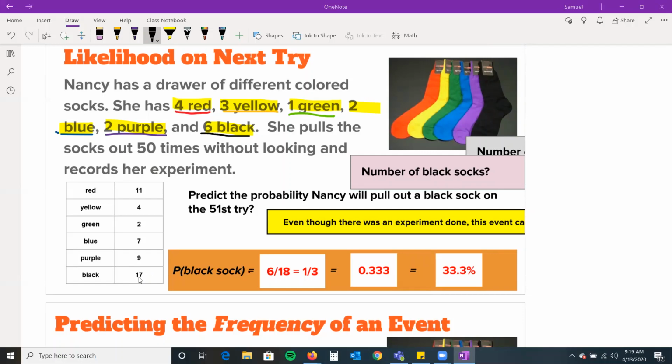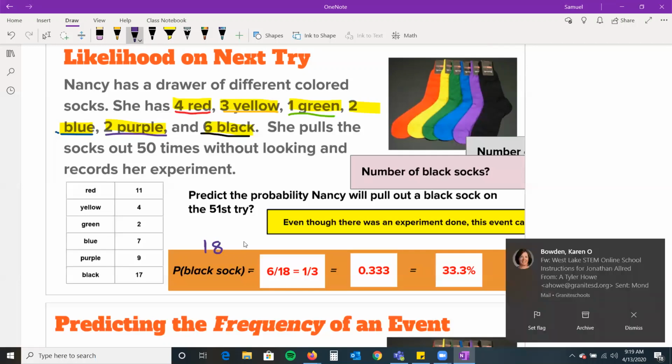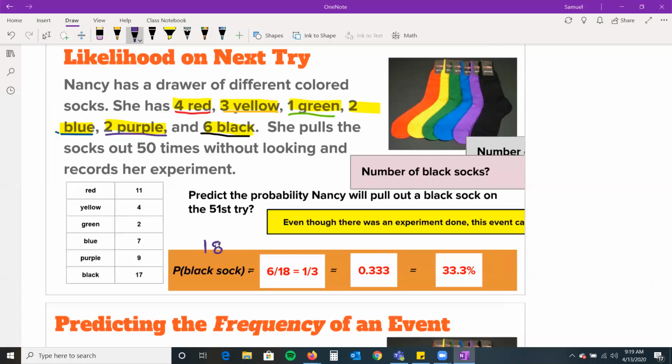Yep. So we have 18 total socks. So that means that our total that we're working out of is going to be 18. 18 socks in the drawer. And we're going to be drawing from that amount of socks, right? Okay, so let's see what happens.